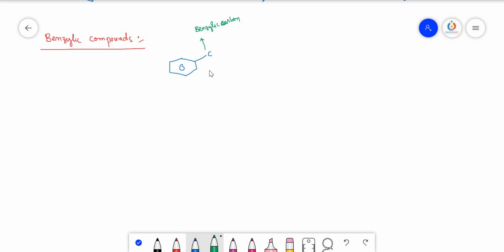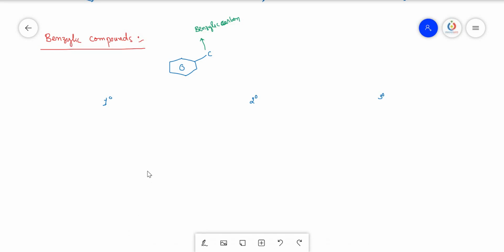So, this benzylic carbon may be primary, secondary and tertiary based on the number of carbons attached to this particular carbon. So, again these are classified into primary, secondary, tertiary. Let us see them also now.